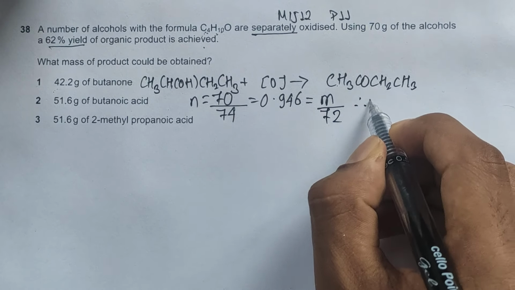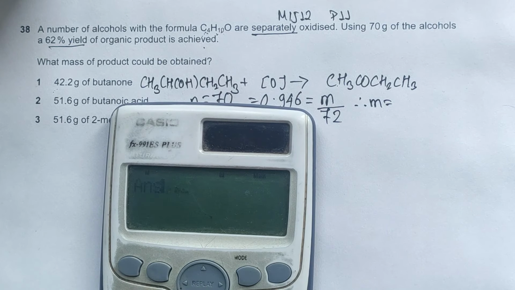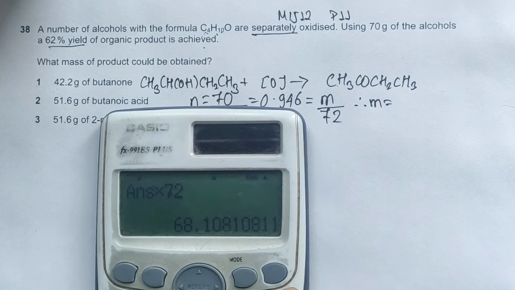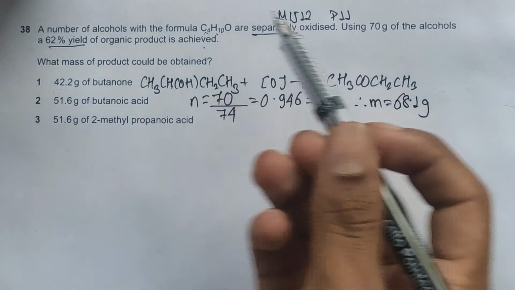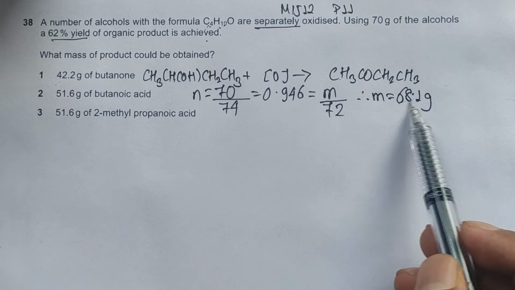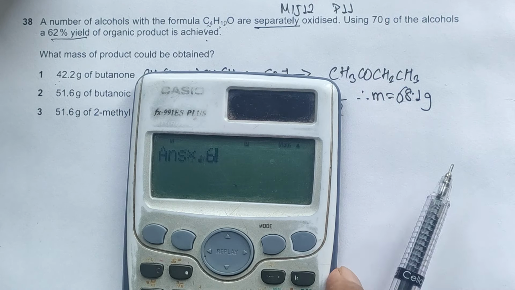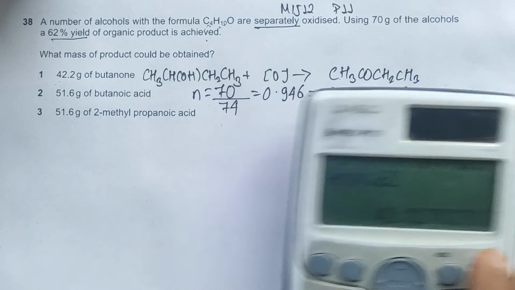Now the mass in case of 100% yield is 0.946 into 72, which is 68.1 grams. Now the mass we'd obtain in case of 62% yield, we multiply 68.1 by 0.62, and we'll have 42.23 grams of butanone.